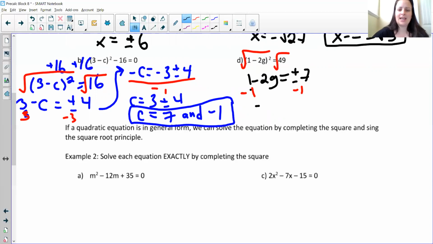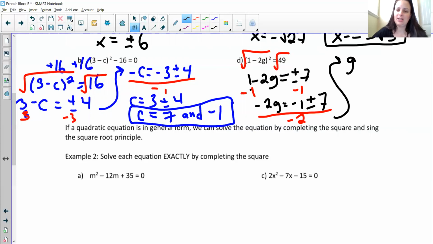So we're going to get negative 2g equals negative 1 plus or minus 7. You're now going to divide everything by negative 2, and you're going to get g equals a positive 1/2.